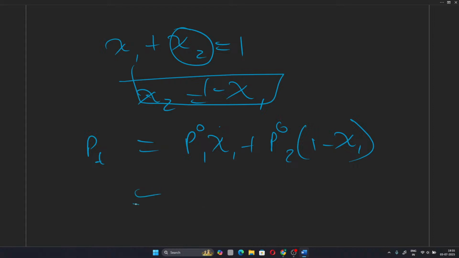This we can write as P01 chi1 plus P02 minus P02 chi1.